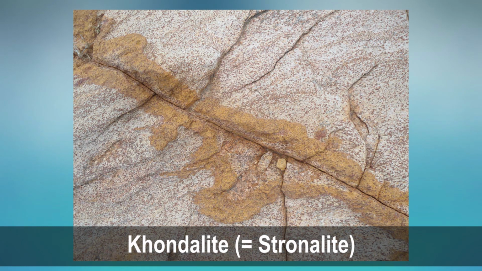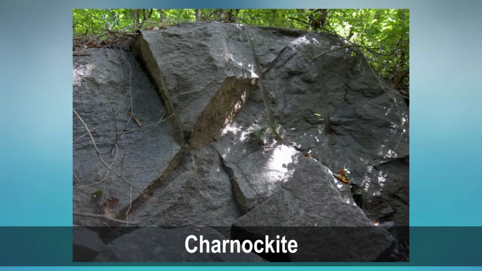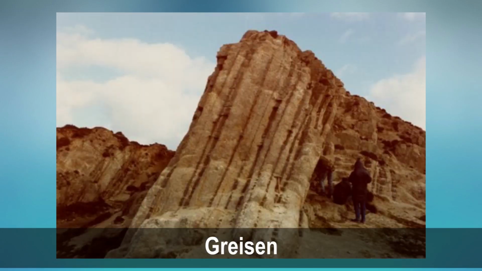Garnet and sillimanite together exceed feldspar in modal amount. Charnockite, a hypersthene-bearing granite. Greisen, a pneumatolytic or metasomatically altered granitic rock whose feldspar is replaced by mica and often rich in fluorine-bearing minerals like topaz, etc.